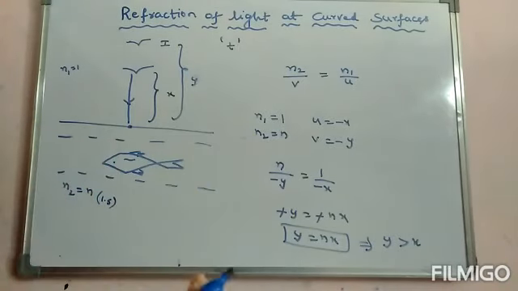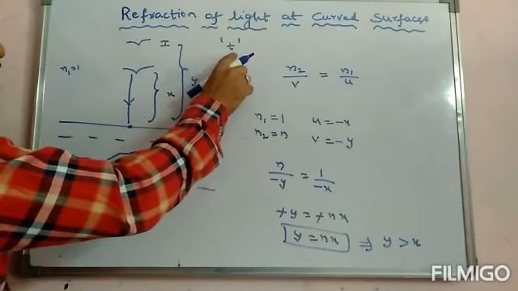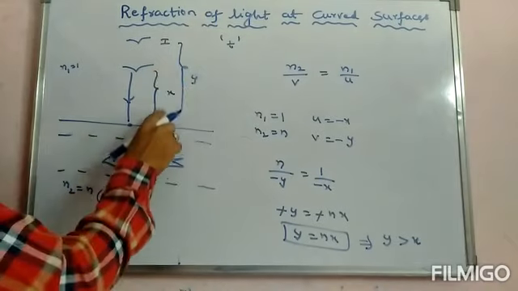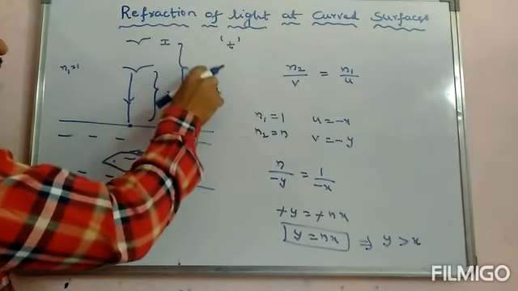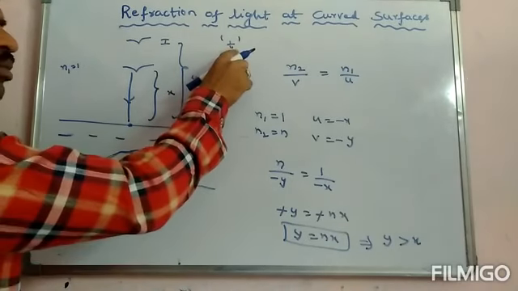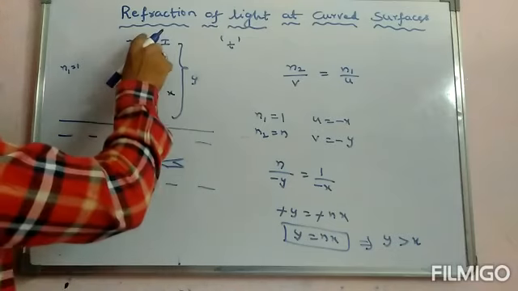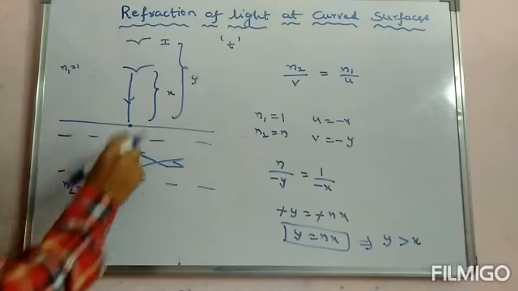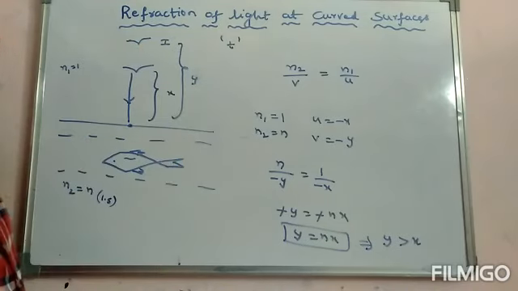For the observer on the ground, it is taking time t to travel the distance x. But for the fish, it is traveling the distance y in time t only. So for the fish, the bird will appear to be coming faster than the actual speed.